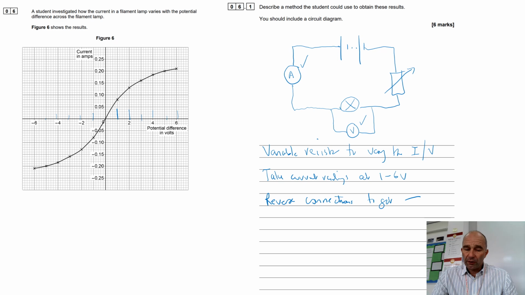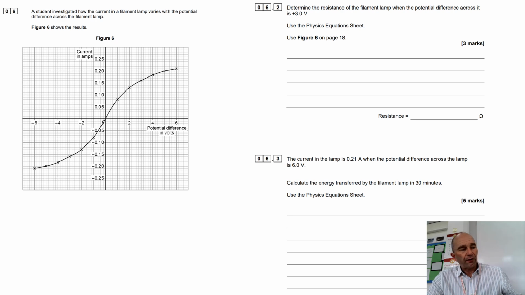Now, what people will have missed out is they'll not have looked at the graph properly and seen these particular crosses, which tells you what the different potential differences are that you're using. So make sure you use the information that's in front of you. Okay, so well done if you did get all 6 marks on that particular question.